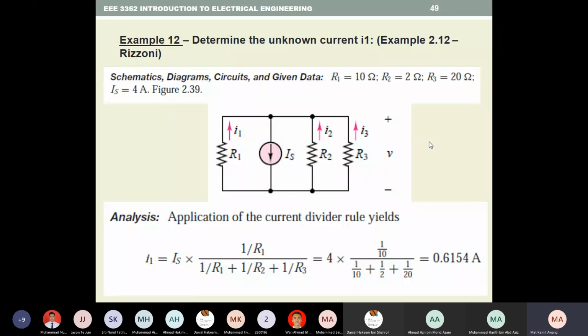So I1 is equal to Is times R equivalent divided by R1. So we plug the figures into the formula and you get 0.6154 amps. Anybody got that? You should check this later.